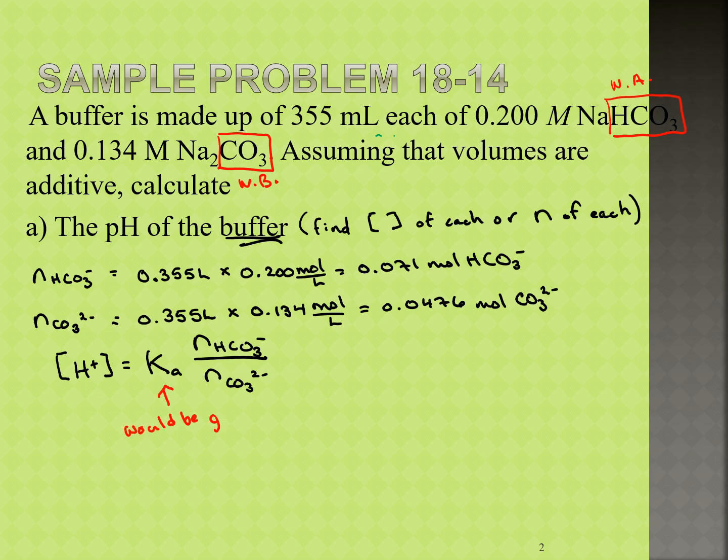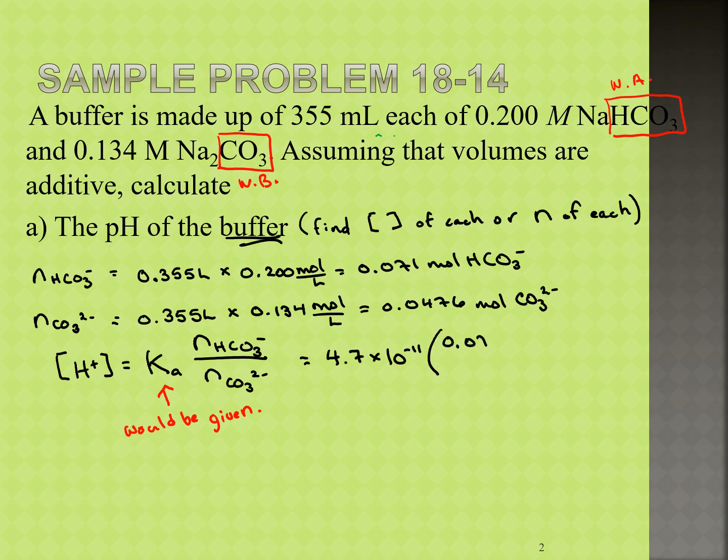If you were to work this problem on an exam or somewhere else, you'd have to be given this. I had to look it up. I looked up what the Ka for the HCO3 minus is, and it happens to be 4.7 times 10 to the minus 11th.